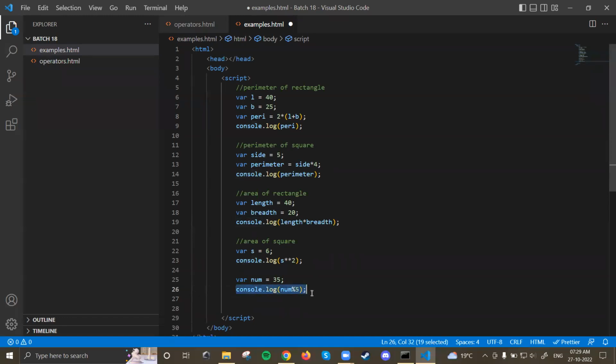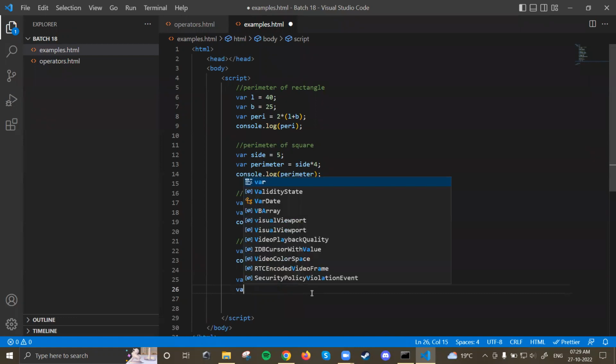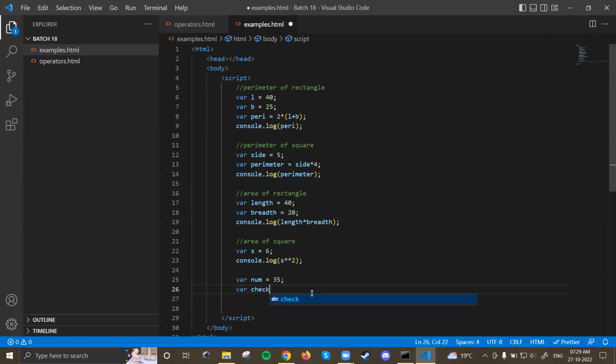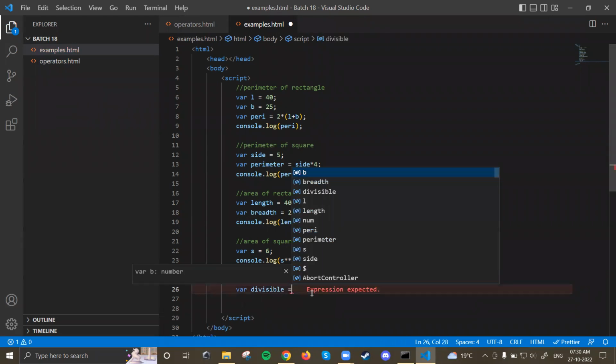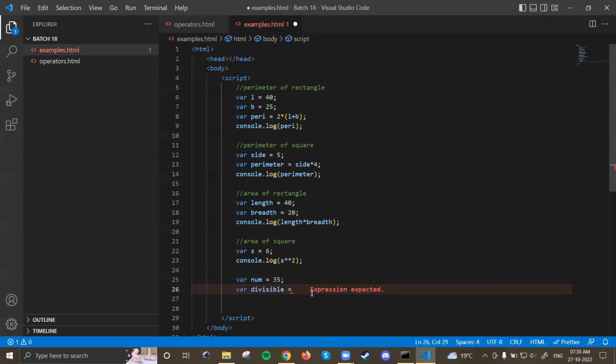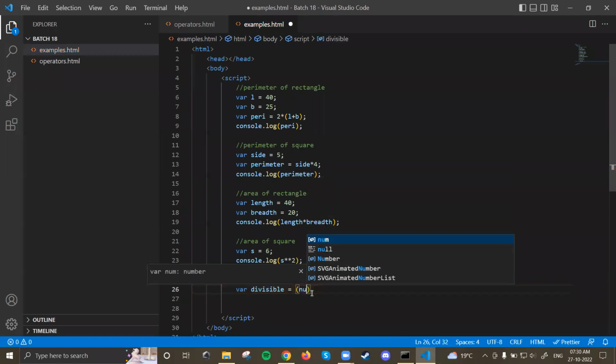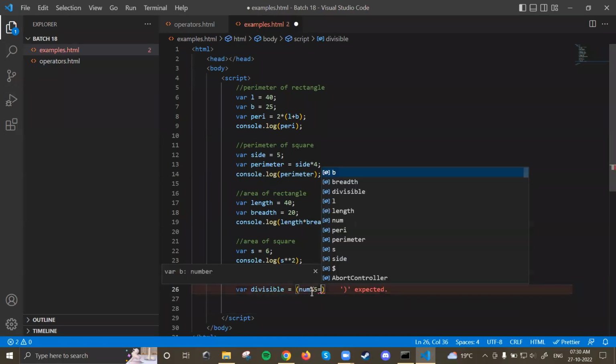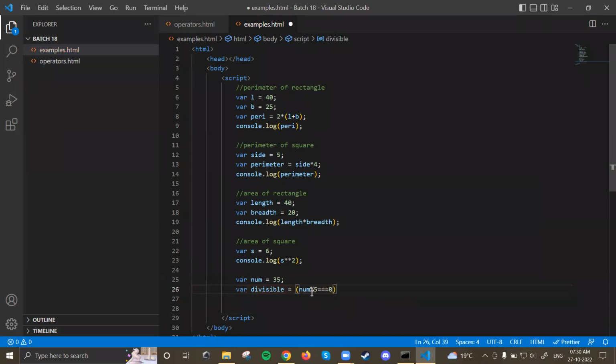So what I'll do is, const check divisible is equal to, we'll first give the expression. What is the expression? num mod 5 equal to 0.